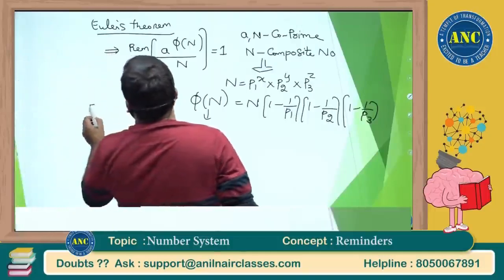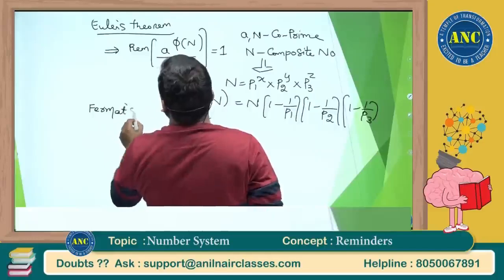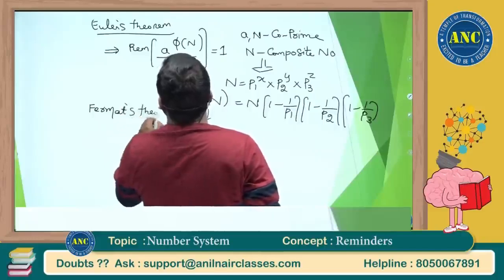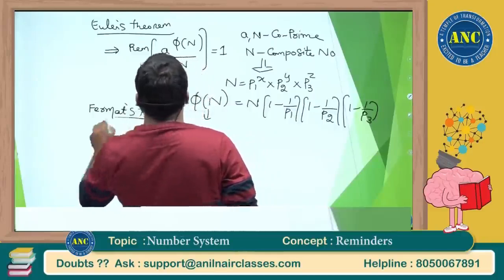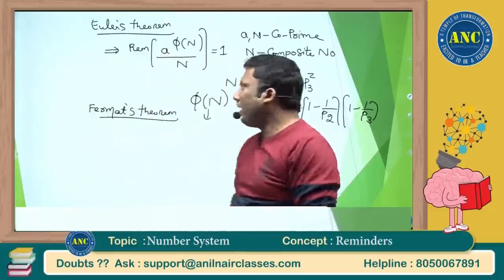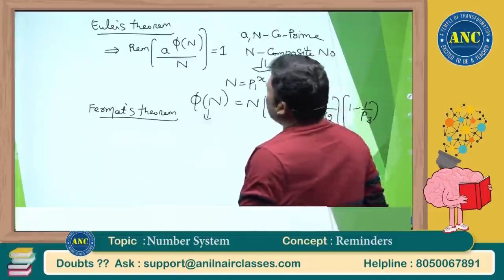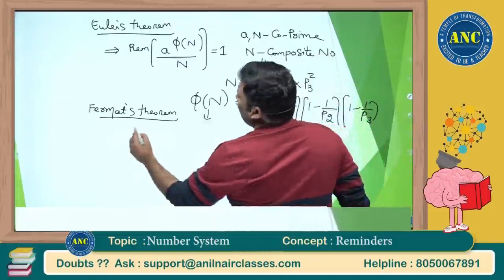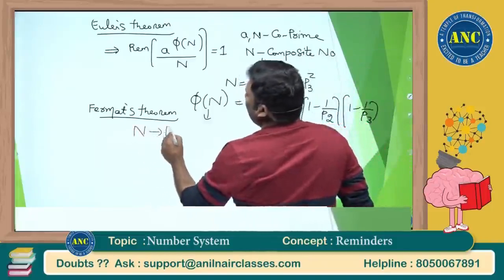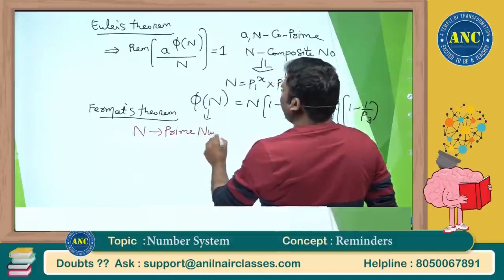Now see here, we will take up Fermat's theorem. The difference between Fermat's theorem and Euler's theorem is that Fermat's theorem is used when the denominator is a prime number, and Euler's theorem is used when the denominator is a composite number. N is a prime number.